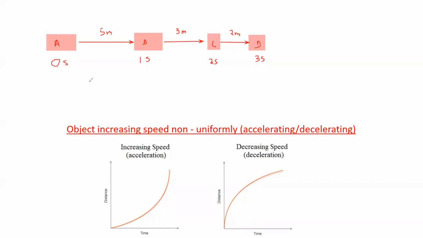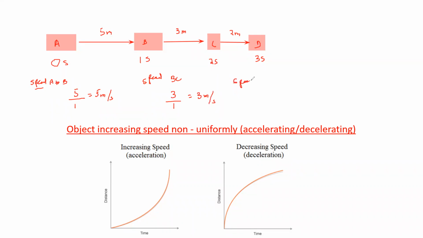So when we calculate the speed for this object from A to B, the distance traveled from A to B is 5 and the time is 1. So the speed is 5 meters per second from A to B. If we want to calculate speed from B to C, the distance traveled is 3 and the time interval from B to C is 1. So that's 3 meters per second.